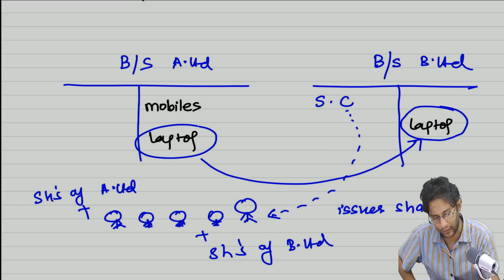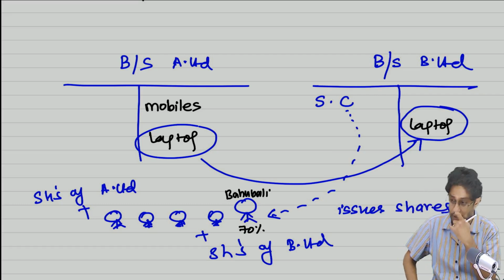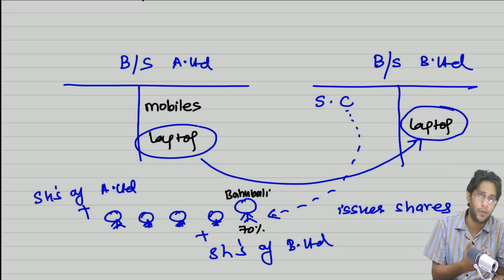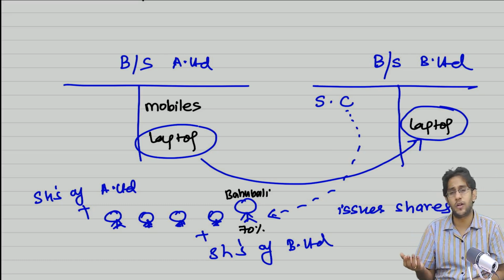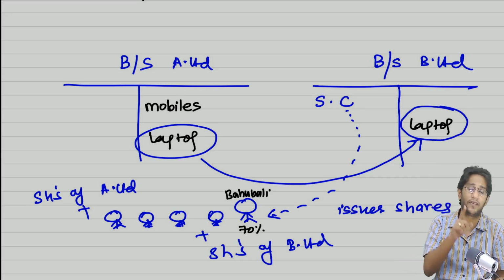So this fat fellow is a Bahubali shareholder. He is having 70% shares. So this fellow was controlling the mobile division and laptop division before the demerger. After the demerger, he is a 70% shareholder in A Limited also, B Limited also, and therefore he still controls the laptop division after the demerger also.